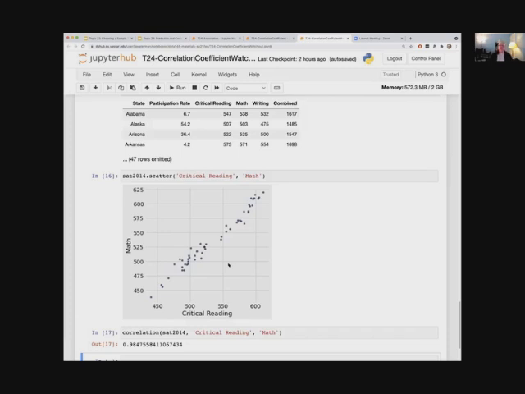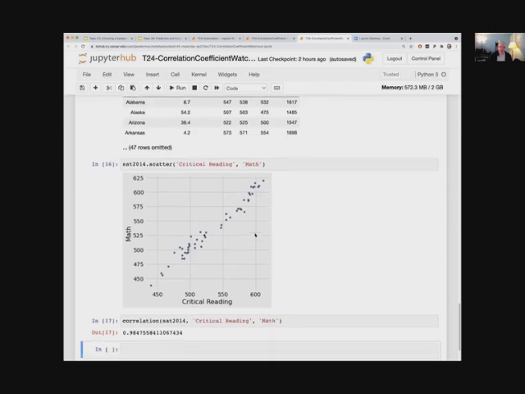And so I caution you against making strong statements like, the best way to get a good score on math is to learn critical reading, because we're really looking at an average across a very, very large population.